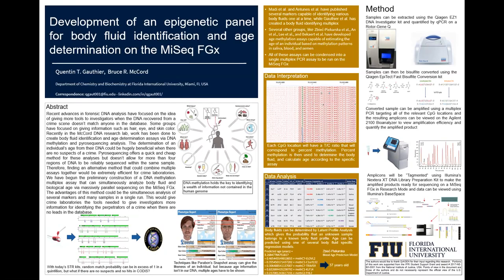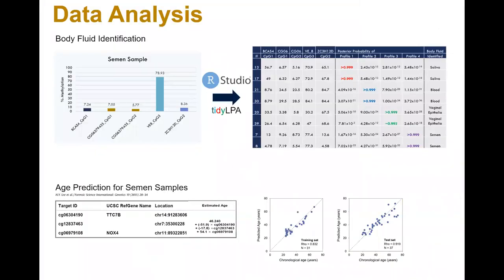With percent methylation, we're able to do some data analysis, starting off with the body fluid identification. This analytical approach is completely done in-house. Looking at these 5 CpG sites, there is our saliva indicating marker, 2 CpG sites for our blood marker, 1 for the vaginal epithelial marker, and 1 for the semen marker.